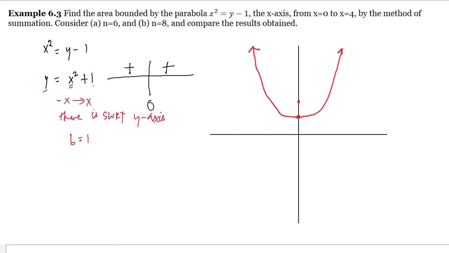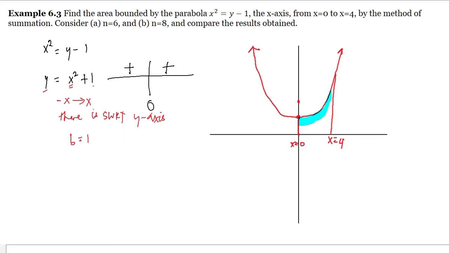Now, ano yung hinihingi sa atin? Ang hinihingi sa atin is the area bounded by the parabola, the x-axis, tapos, x is equal to 0 at saka x is equal to 4. Yung hinihinging area ay ito.